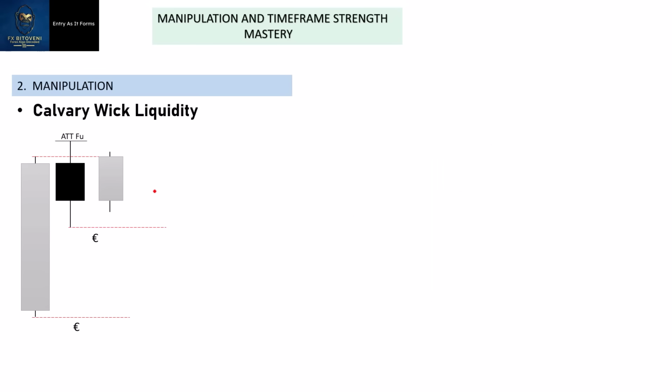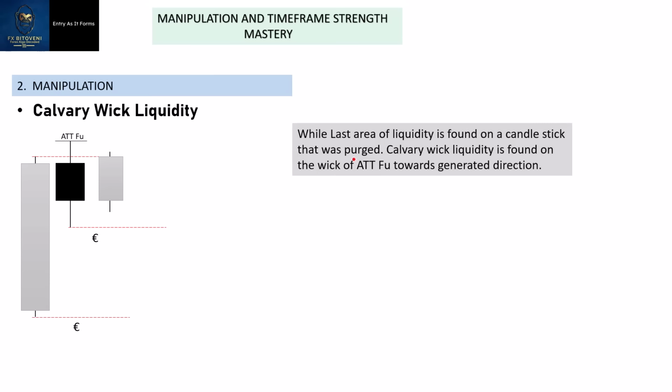Now, what is candle value weak liquidity? While last area of liquidity is found on a candlestick that was purged, follow carefully. While last area of liquidity is found on a candlestick that was purged. This is the one that was purged. It was purged here.